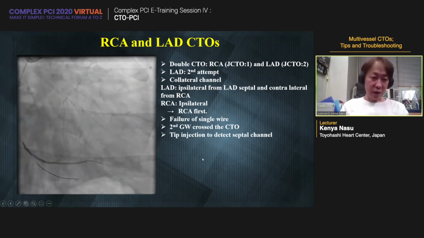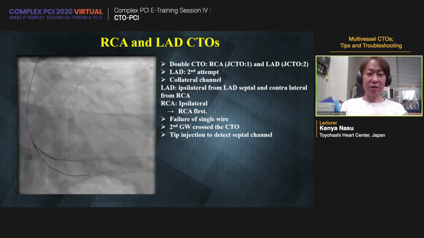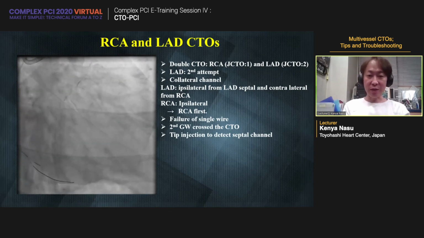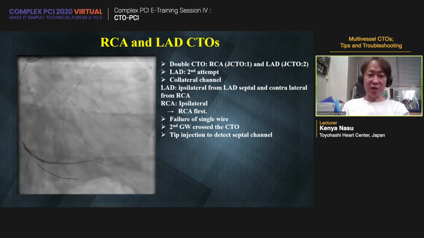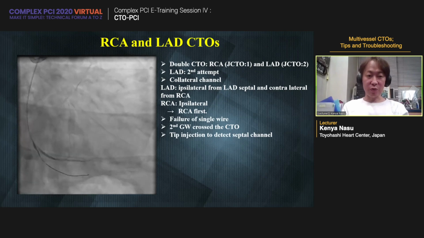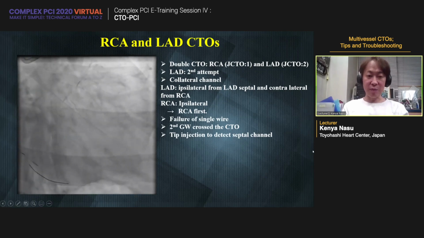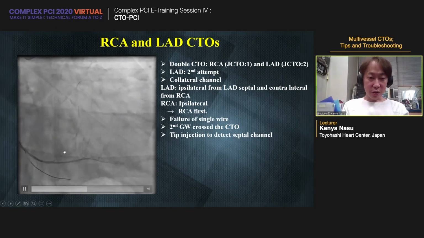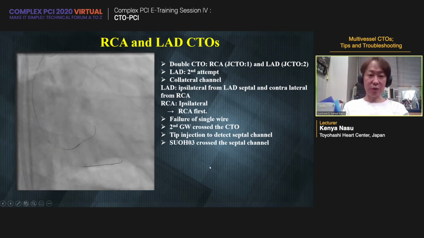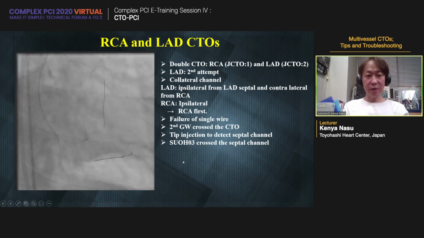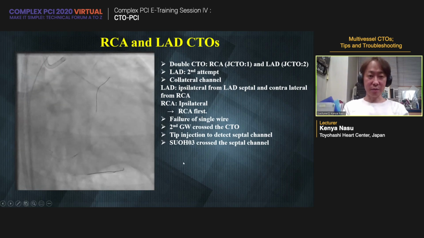After small balloon dilatation for the whole RCA CTO segment, I checked the tip injection for the retrograde approach for the LAD CTO intervention. This connection is not so bad. Fortunately, the SUOH 3 could pass this channel to the LAD distal.